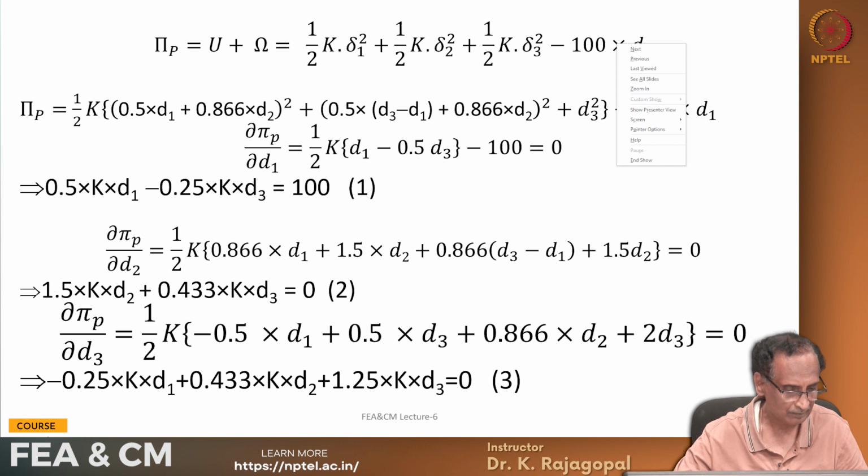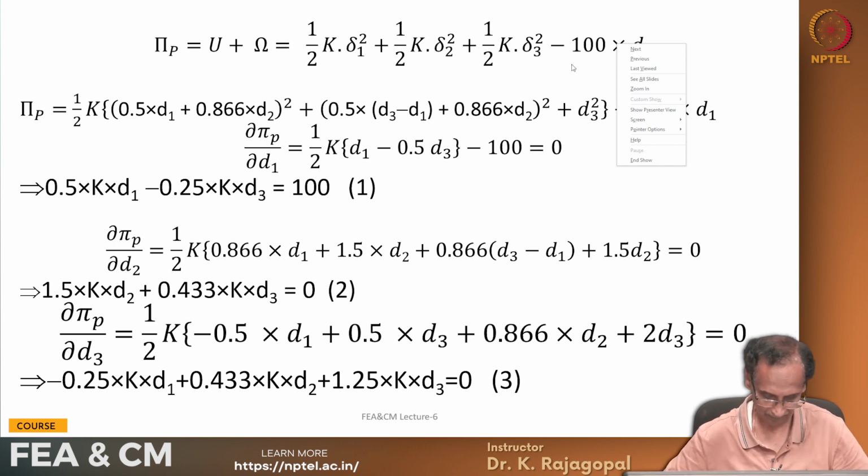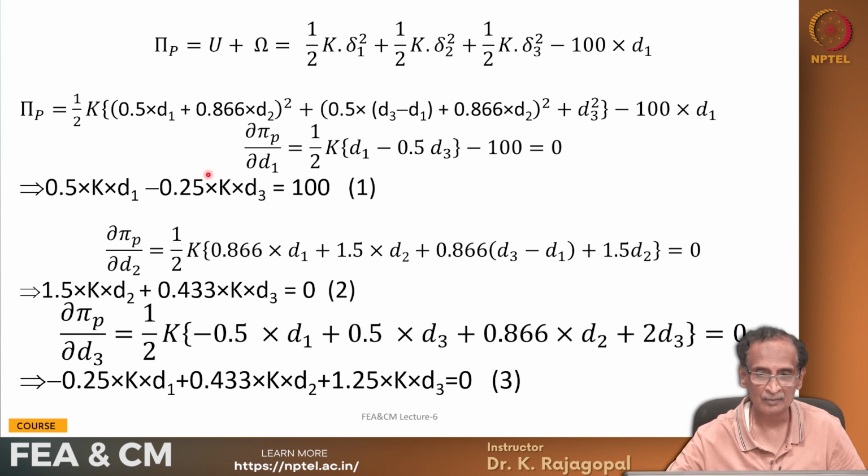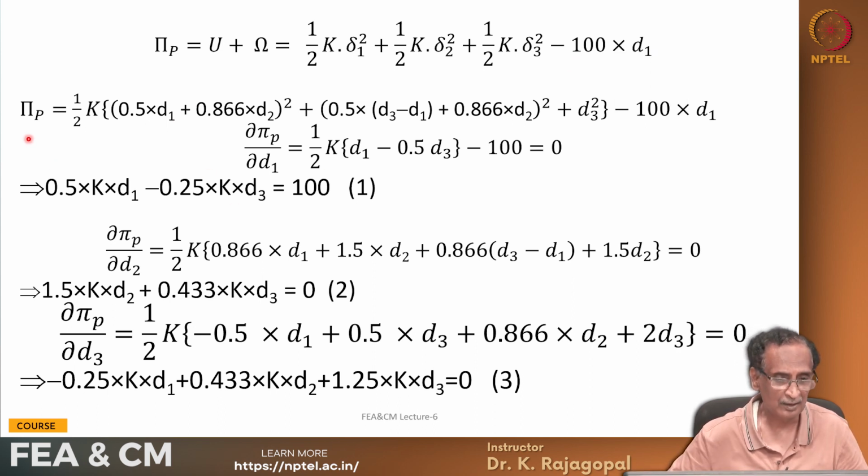Sorry, I think the total potential is this, and now we can take derivatives with respect to d1, d2 and d3. If you differentiate pi with respect to d1, you get 0.5 k d1 minus 0.25 k d3 equals 100.